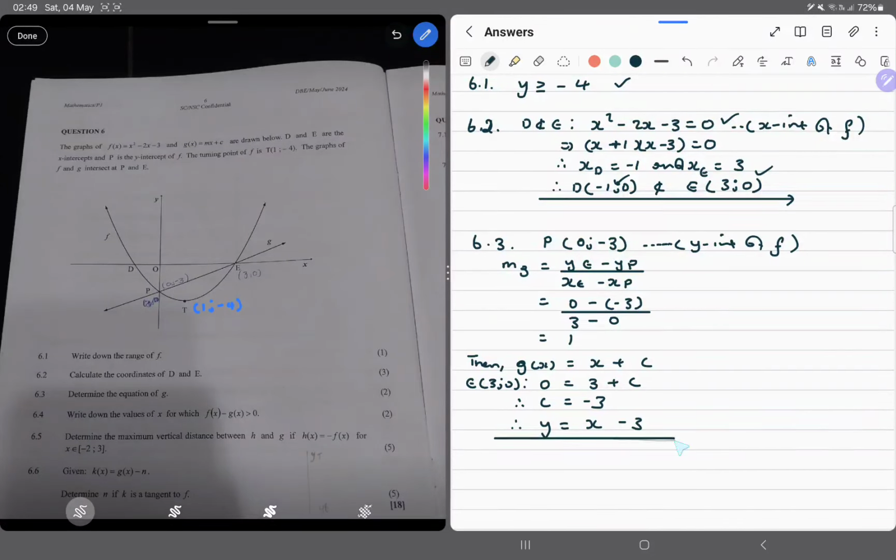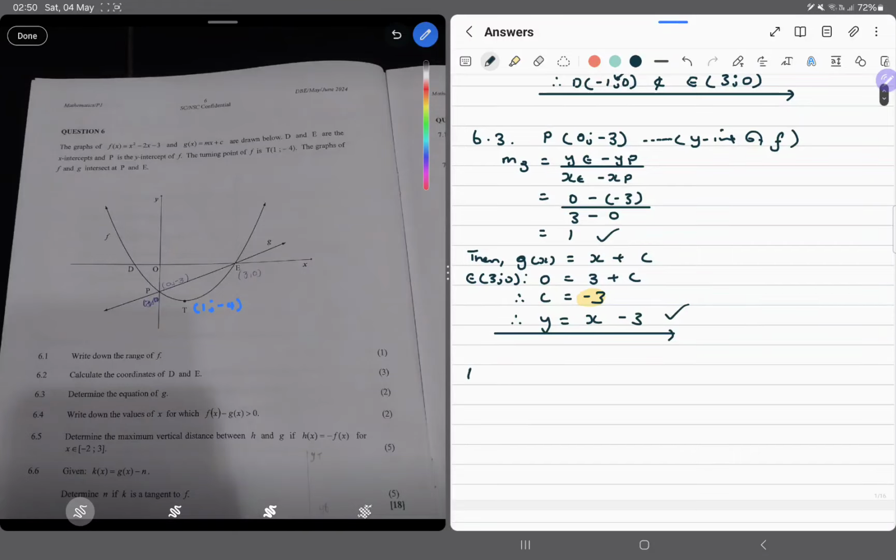So that is the line g. Makes sense because the y-intercept is exactly common, and it has a positive slope, and it has an x-intercept at 3, which is that point E there. So this is correct. So how many marks is this? 2 marks. Wow. That is strange. Basically it is in the equation, because obviously there was no need to calculate this, knowing that point P was good enough. Not a big deal.